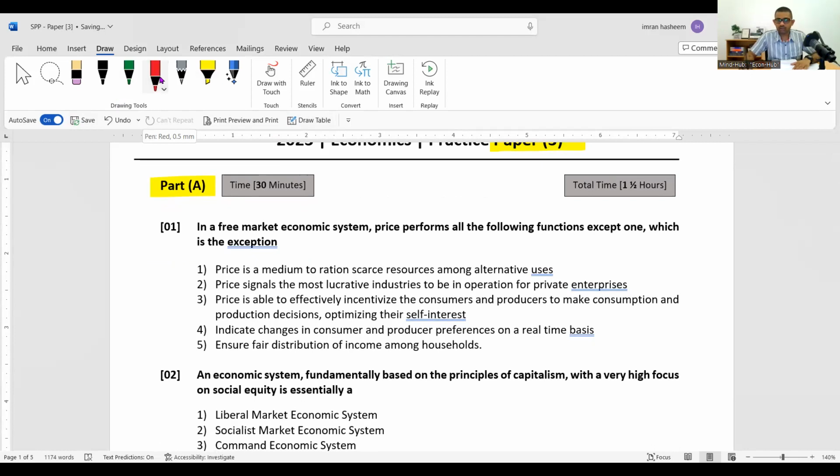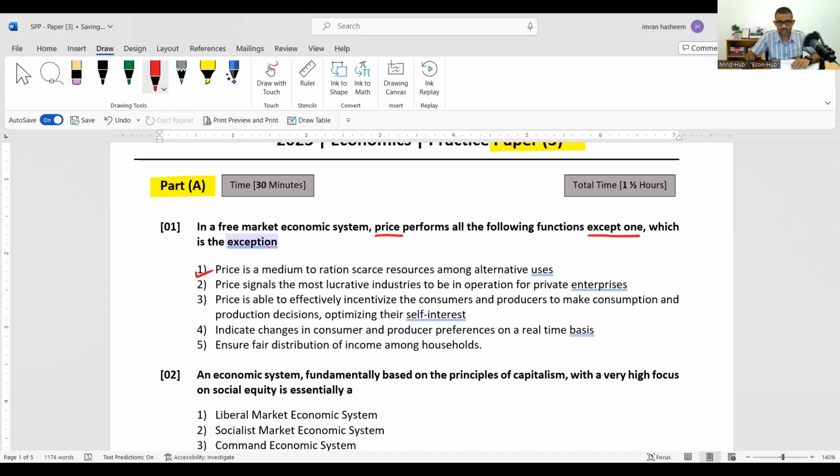In a free market economic system, price mechanism performs all the following functions except 1. So you're looking for the exception, which is not a function of the price mechanism. The price is a medium to ration scarce resources among alternative users. Yes, that is one of the functions of price, along with information and incentive.